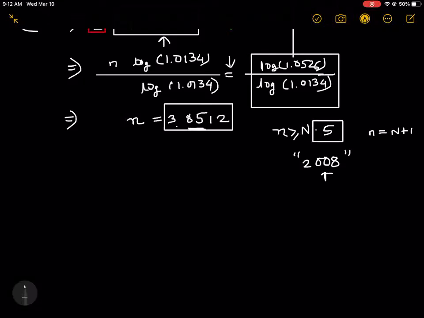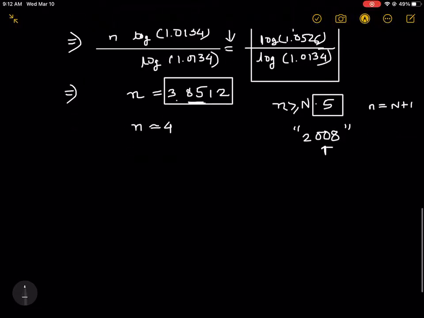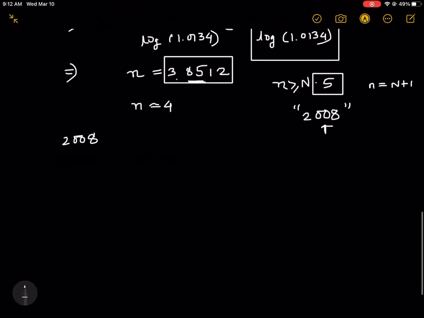So it's more than 3.5, so we'll write n is approximately 4. So our initial year was 2008, so our answer would be the population will become 1.2 billion in 2012, because n is 4, right?